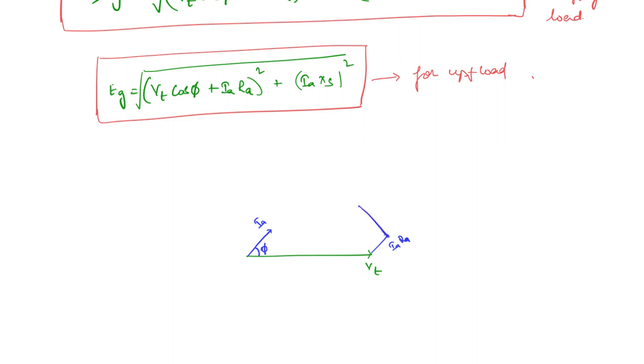This is going to be like this. j times IaXs. So you're going to get this as the generated voltage. So here also you're going to use the same funda. You're going to drop a perpendicular from this terminal voltage onto this current phasor. Okay. So now this is 90 degrees. Similarly, you extend this line. Okay. So this is also 90 degrees.